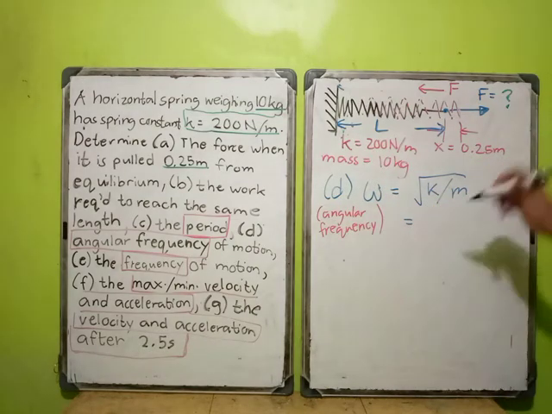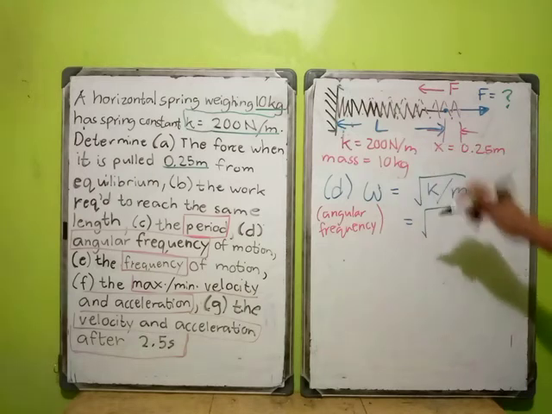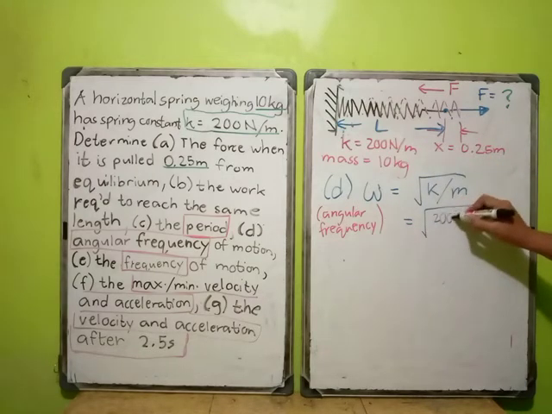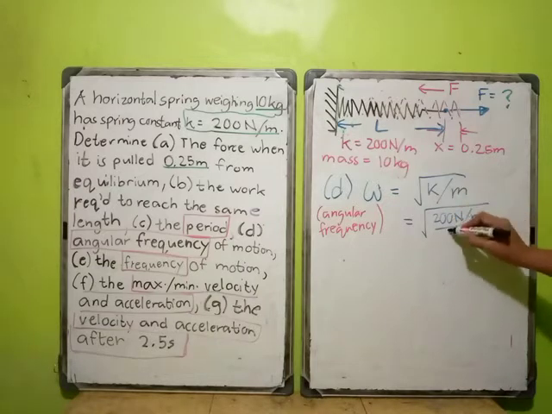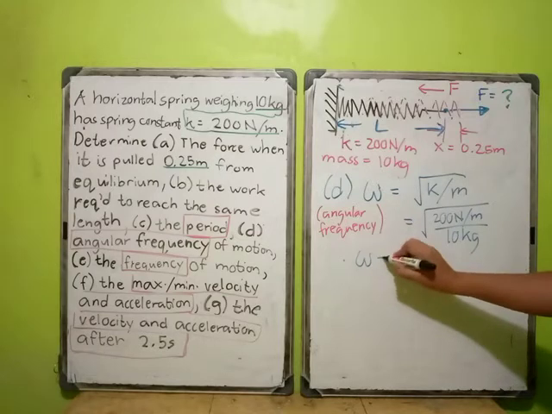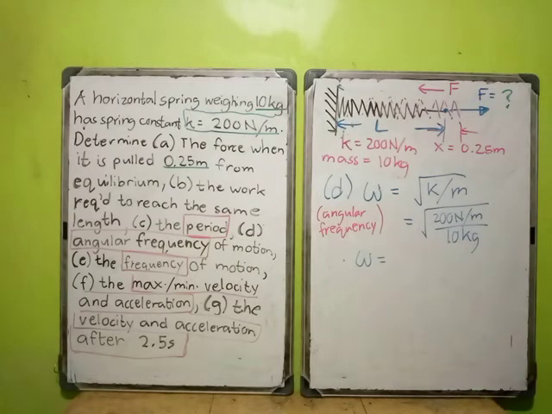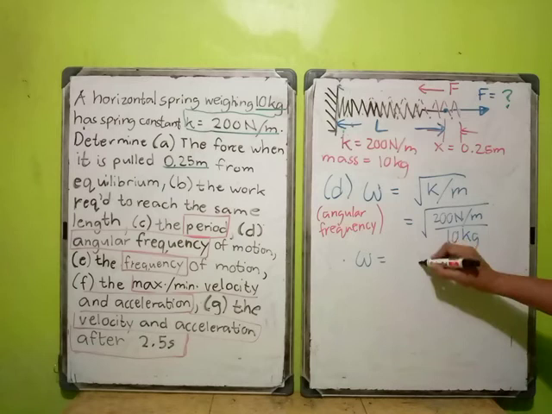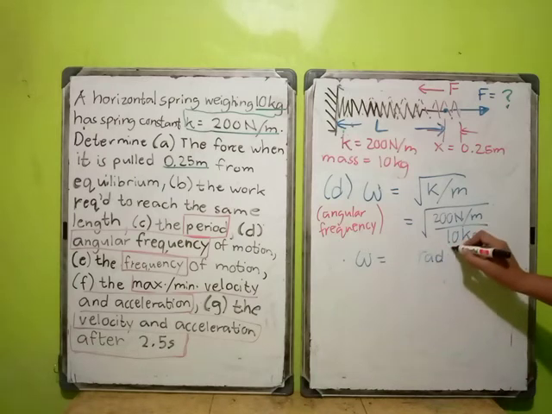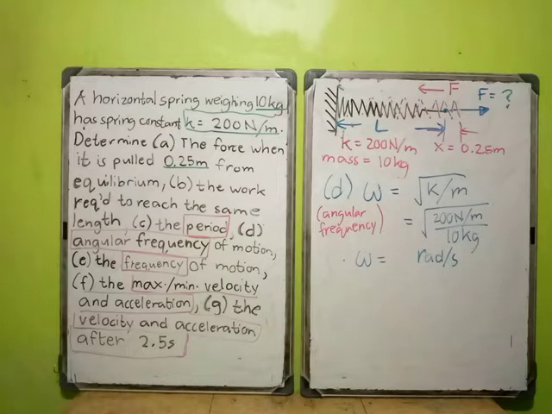So kailangan na natin ilagay dyan. So i-plug in dito na formula. So 200 Newton per meter over 10 kilograms. So therefore, yung omega natin or yung angular frequency natin is square root of 200 Newton per meter over 10 kilograms. So ang makuha natin dito is in radian per second.